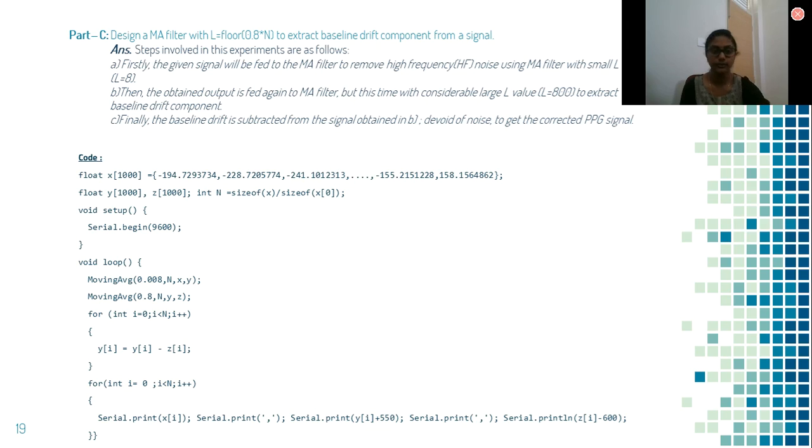Let us directly use that, and we'll get the moving average output in y for L equal to 0.08 times n and the moving average output in z for L equal to 0.8 times n, that is the smoothed out one. And we'll take the difference of these two, because both will be smoothed out, but we'll get the baseline drift once we do the differentiation or the difference part.